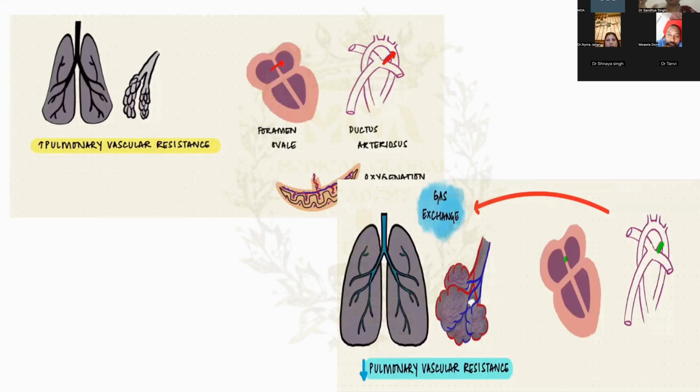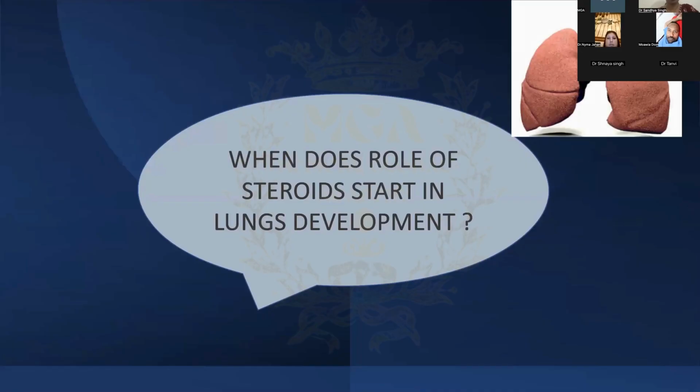The phospholipid or the surfactant which is secreted lines the alveoli. It decreases the surface tension. It decreases the pulmonary vascular resistance. Therefore, lungs expand. And now the type 1 pneumocytes start acting and the gas exchange starts happening. Slowly, our shunts will close, okay, over a period of time.